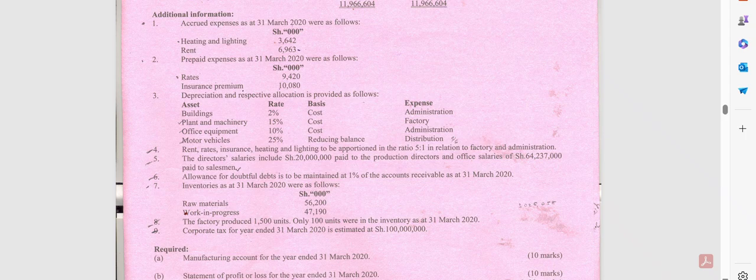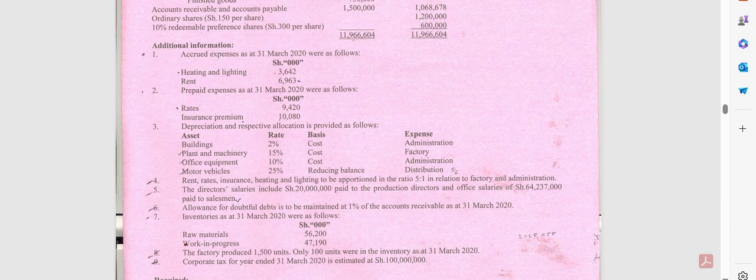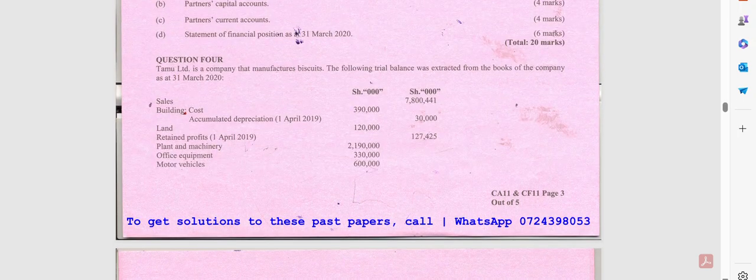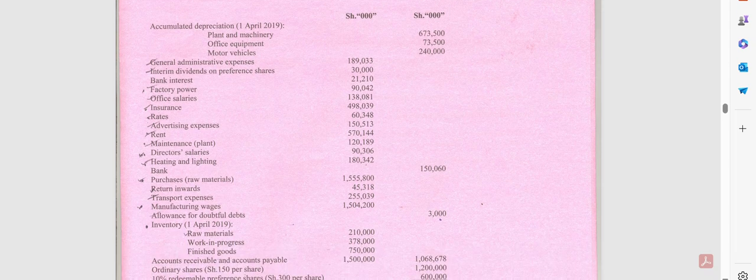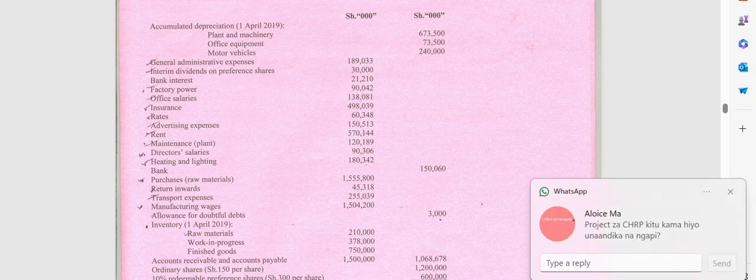Oh, so it means we have directors in office. Let us check office salaries. So it means we were supposed to open an account for office salaries and an account for directors.